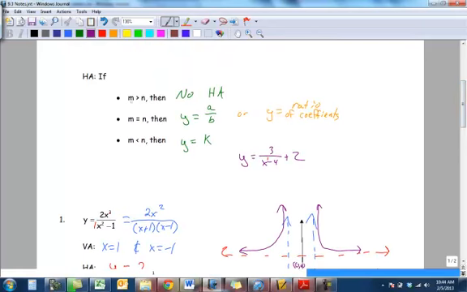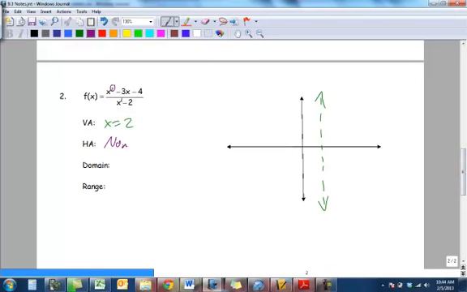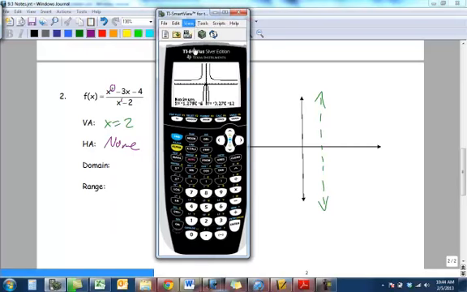M is on top, so M is greater than 1. This is the first scenario. So that means that there is no horizontal asymptote. There's none. How about that, huh? Let's take a look at this. If we were to graph this, here we have parentheses.